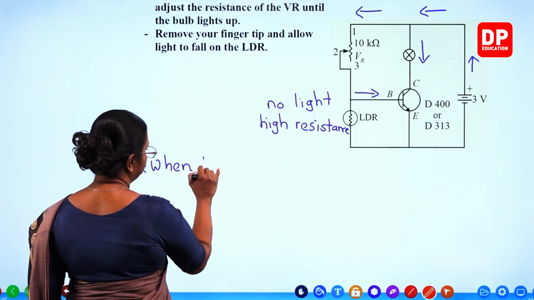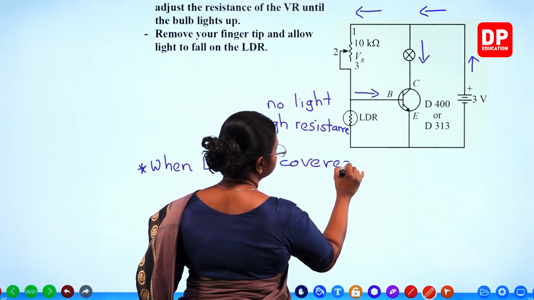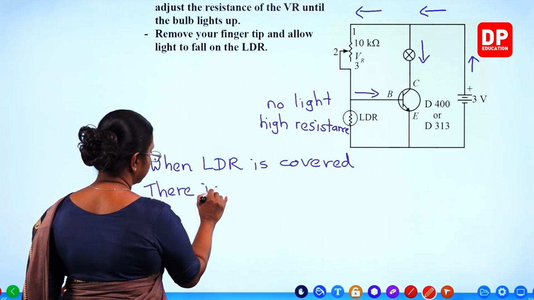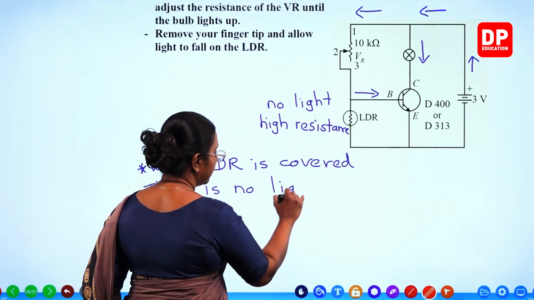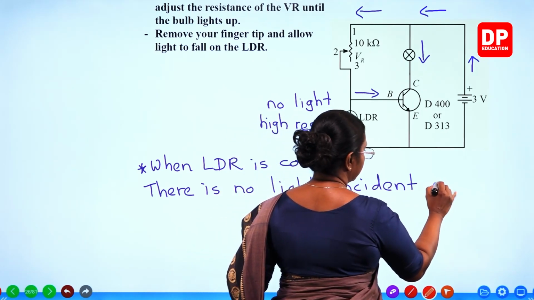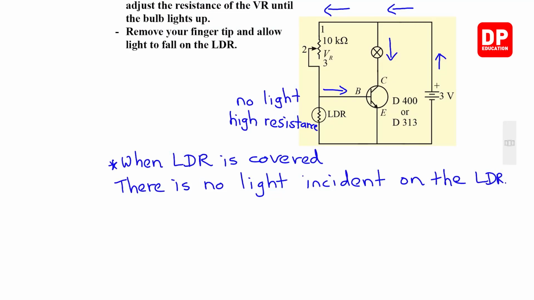When LDR is covered, there is no light incident on the LDR, then its resistance is high.